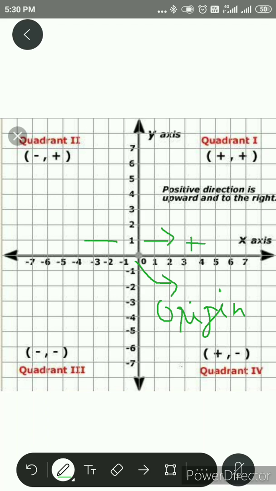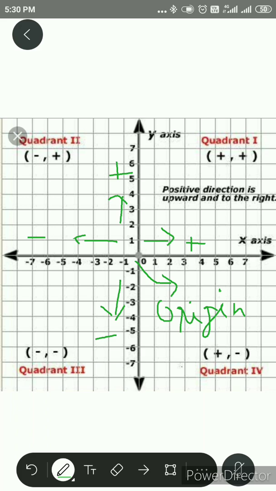As we move to the left hand side of the x-axis from O to x dash, it is negative. As we move in upward direction, the value of y is positive. As we move in the downward direction, the value of y is negative.